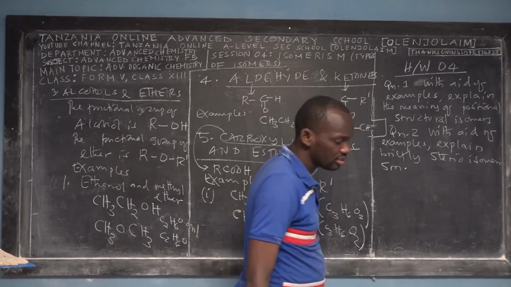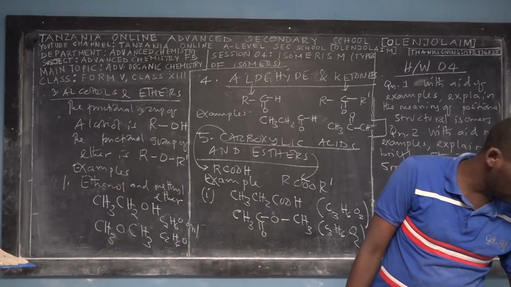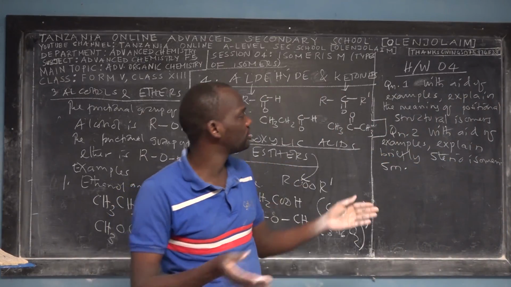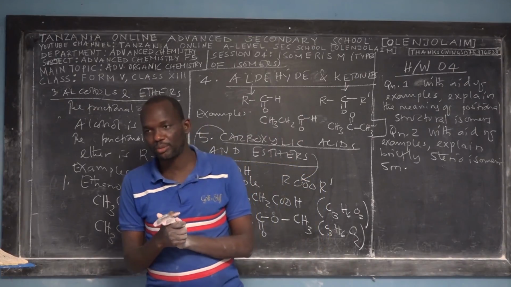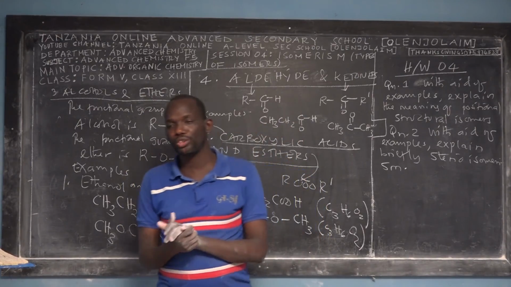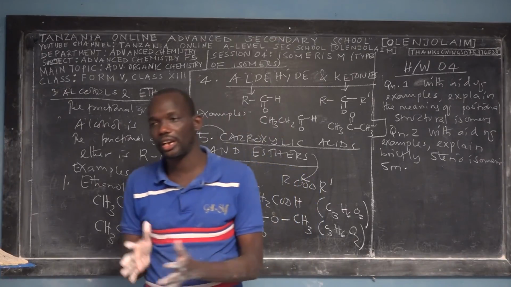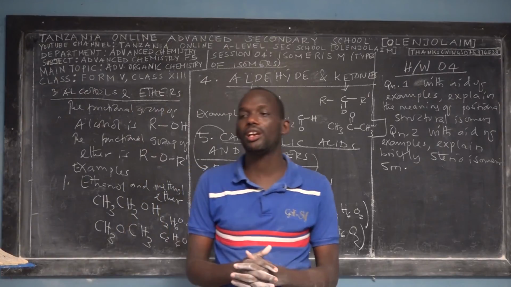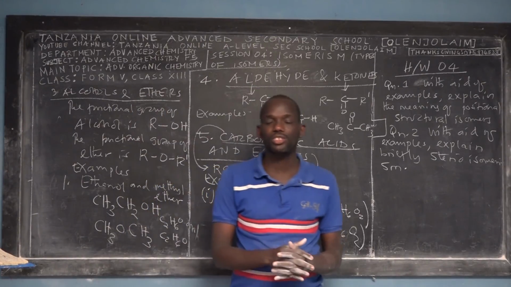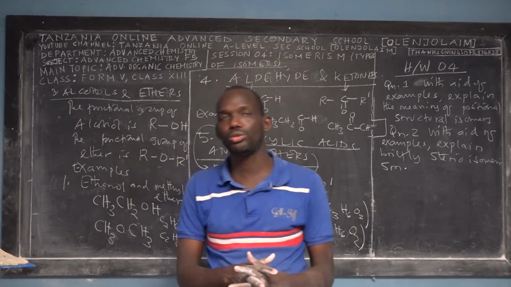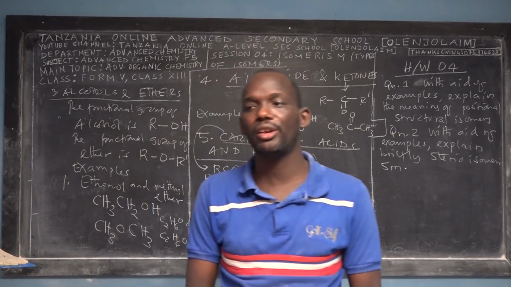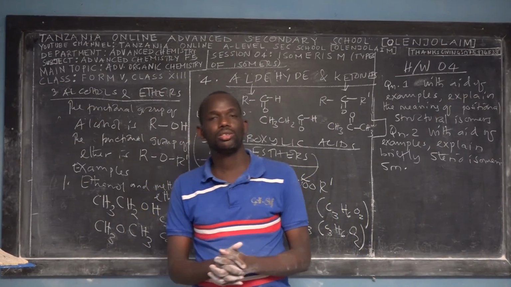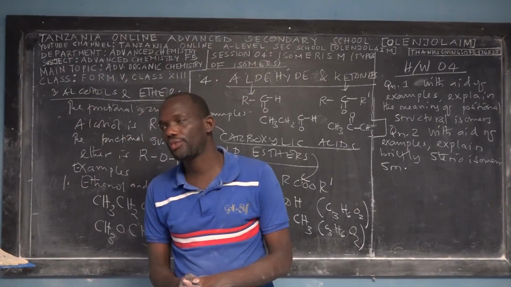If you answer these 2 questions, then we are done with the subtopic of isomerism, or in some books they call it types of isomers. Briefly, what is the meaning of isomerism? It is the phenomenon of the existence of 2 organic compounds with the same molecular formula but different structural formulas.